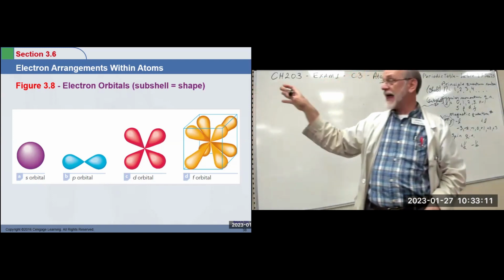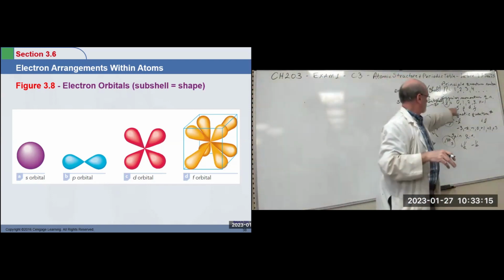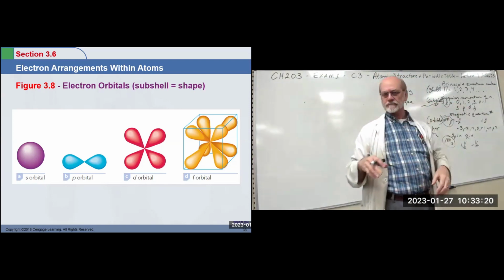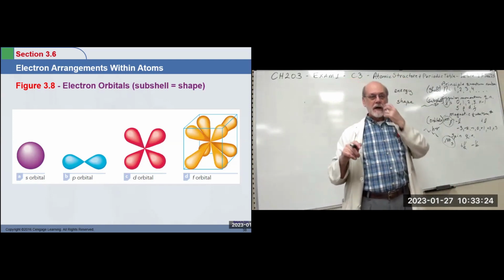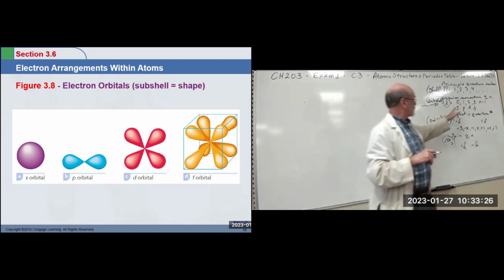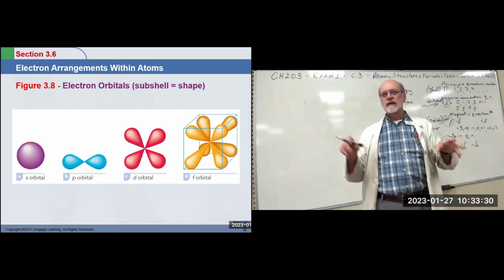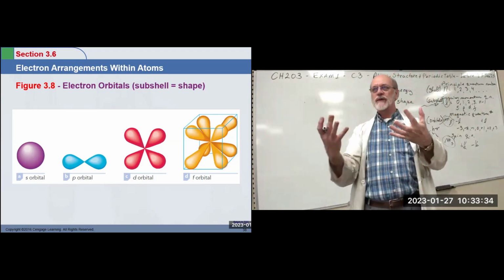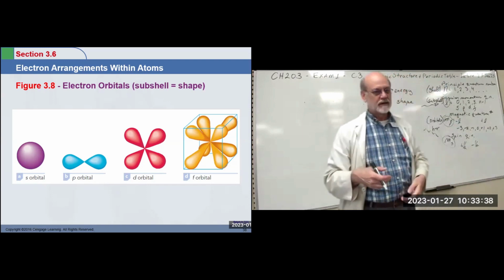So on this slide, we see that those that are S subshells are spherical. Now, they're not a solid sphere, right? For this one, yeah, it's a solid sphere. For that one, it's like a sphere and then a shell of a spherical shape around it with dead space in between.